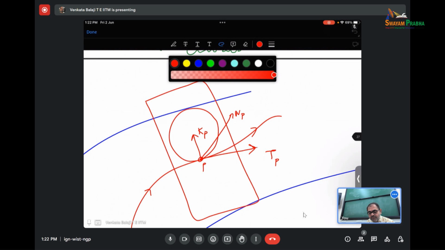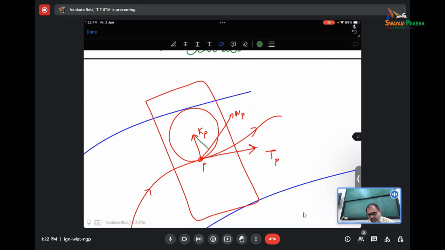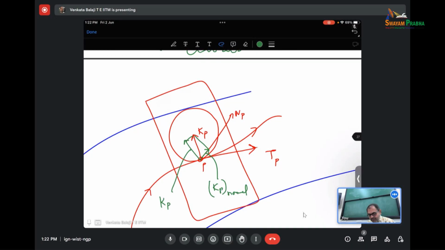So the curvature can be resolved into two components, a normal component and a tangential component. The normal component is what is called the normal curvature, and this other component is what is called the geodesic curvature, because that is the one going along the surface. So this is called kappa_g, the geodesic curvature at P.